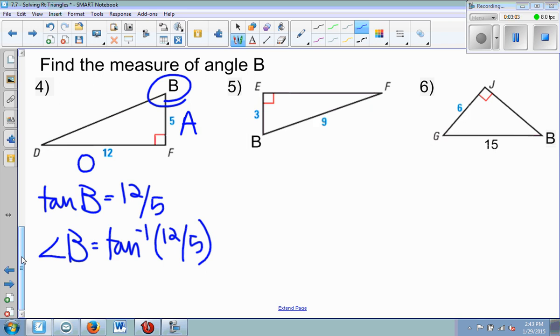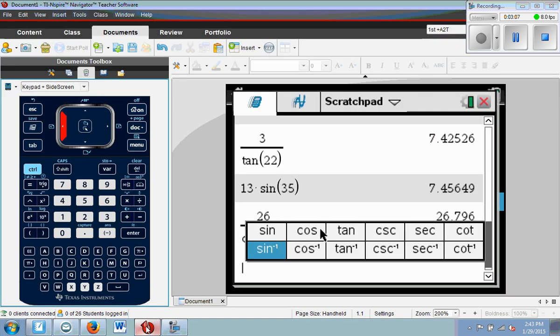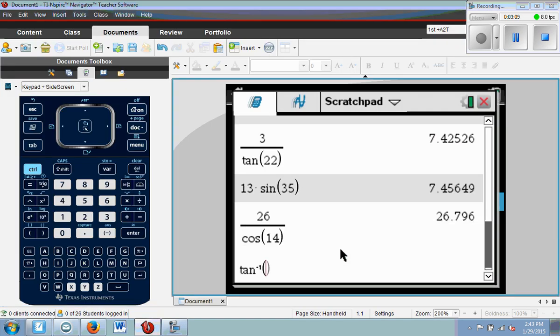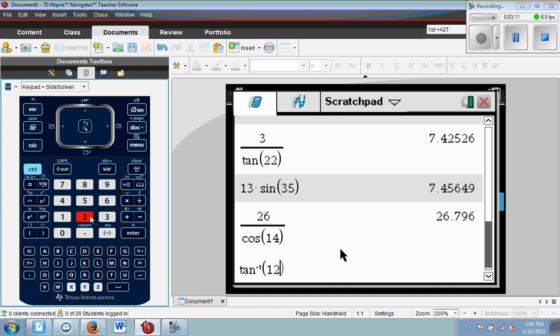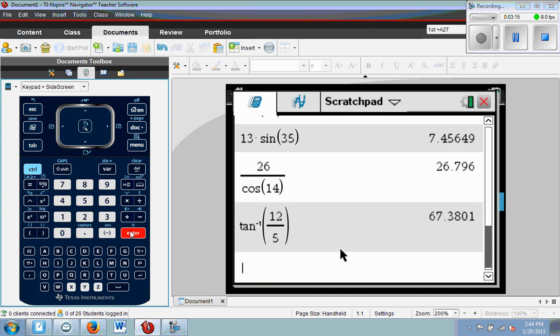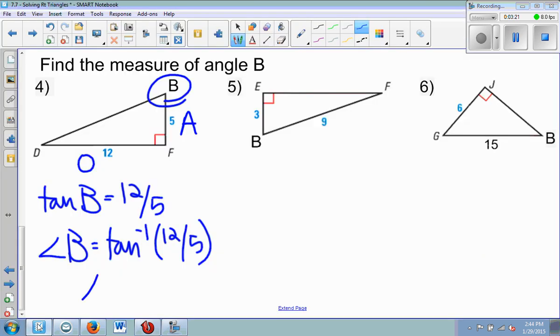So we're going to go to the calculator and type in exactly what I just wrote down. We're going to type in tan inverse, and we're going to type in the ratio 12/5, and we push enter, and it tells us that our degree measure is 67.4. Okay, so if we're trying to find missing angle measures, we're using our inverse trig functions.